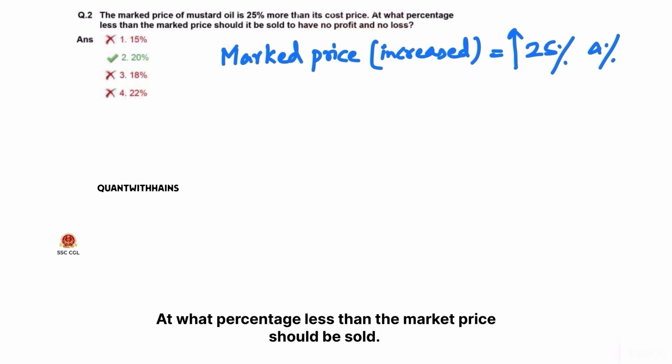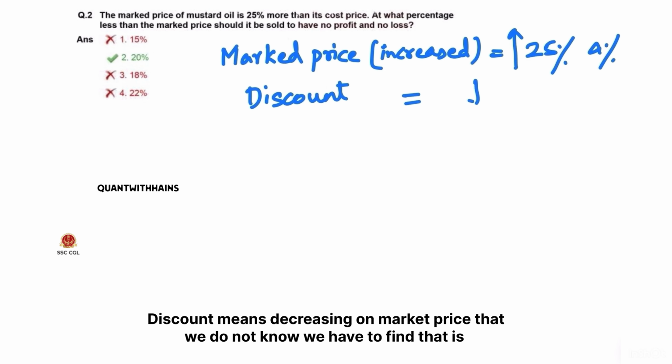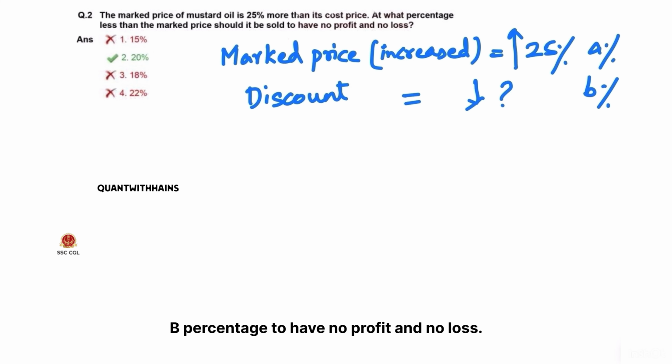At what percentage less than the market price should it be sold? That means they are asking the discount. Discount means decreasing on market price. That we don't know, we have to find. That is B percentage, to have no profit and no loss.